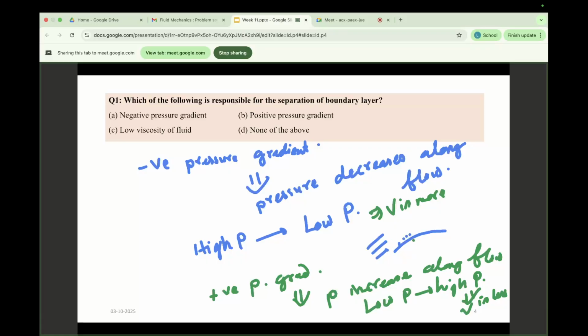That means the particle is losing energy. Initially it is moving with velocity u, and if it is losing some velocity, that means it is losing some kinetic energy. So after some time the energy is quite less, so that a backward flow can be generated, and because of this backward flow the boundary layer separation happens. That's why the positive pressure gradient is the correct answer.